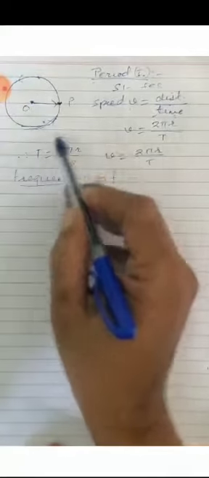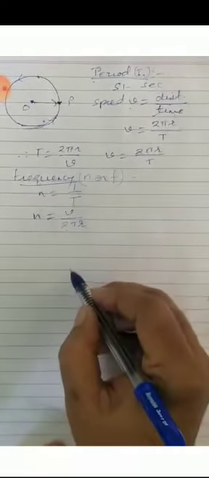That number of revolutions is called frequency. So frequency is nothing but the reciprocal of period. We know this relation. Therefore N is equal to 1 upon T, meaning the reciprocal of 2 pi R upon V, which becomes V upon 2 pi R. So the formula for frequency becomes V upon 2 pi R.